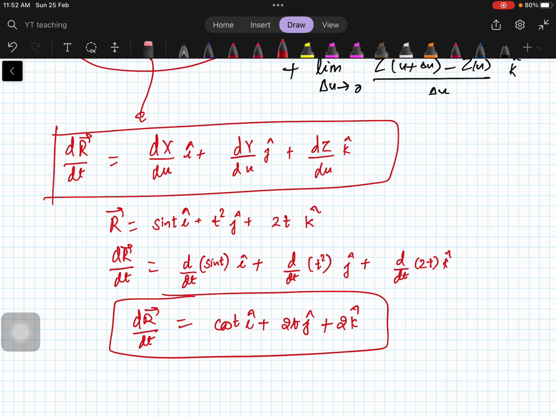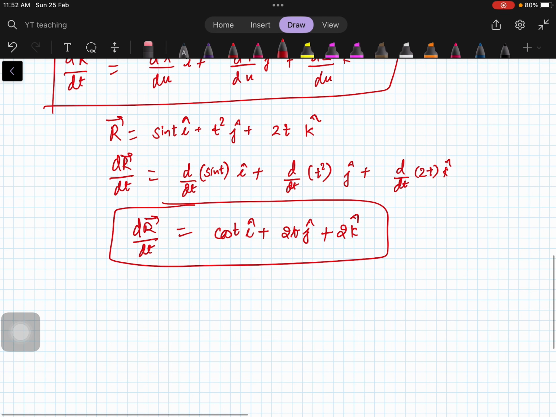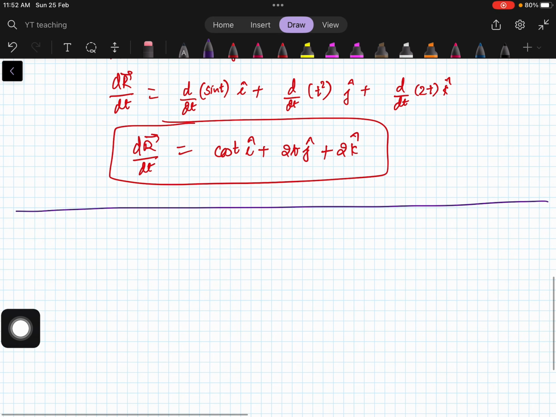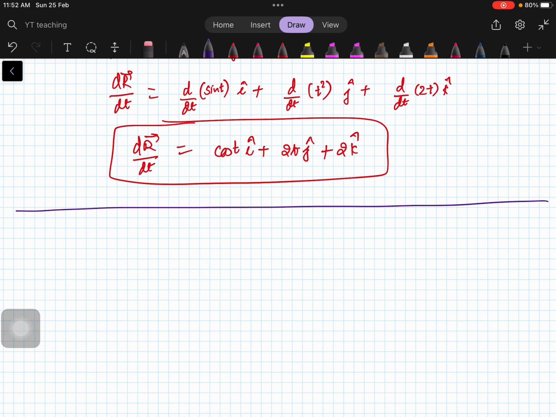Now you know that we are studying vectors because we actually want to work on the applications, right? Everything which we are studying in mathematics has this aim that you should be able to apply it somewhere. So one of the applications of derivatives of vectors is finding the velocity and acceleration. So suppose you have a particle P which is moving along a curve in space, right?